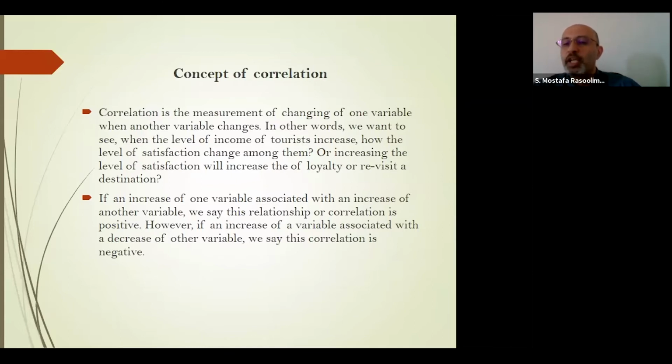But sometimes we use correlation to check the similarity of two variables, not for hypothesis testing, only for similarity of two variables, right? Yes, we can use correlation to check similarity of two variables and see how close and how similar they are.